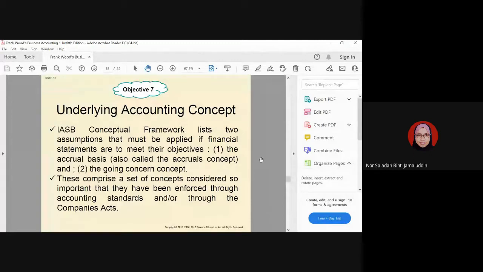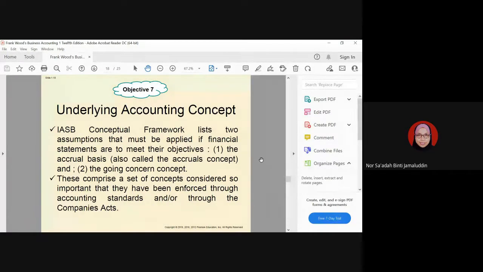First, the accrual basis, okay, also called the accrual concept. Accrual basis ni more on the konsep bayaran tertunggak lah, tangguh bayar. Okay, and then the second is the going concern concept.